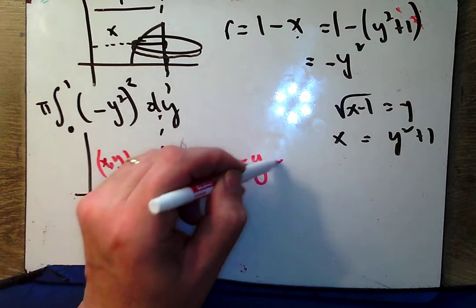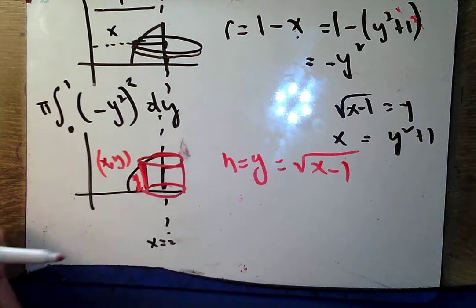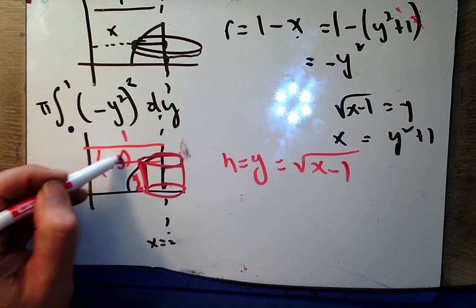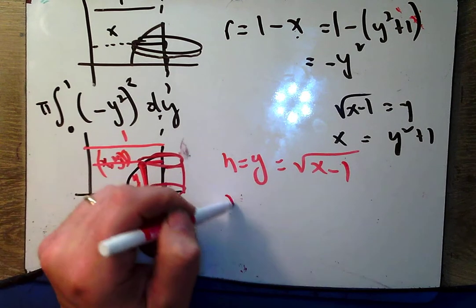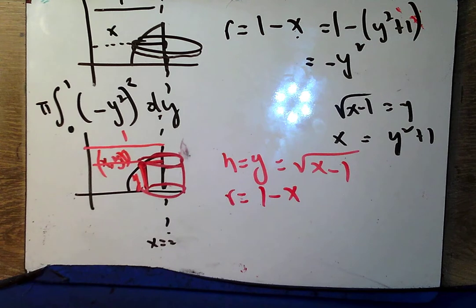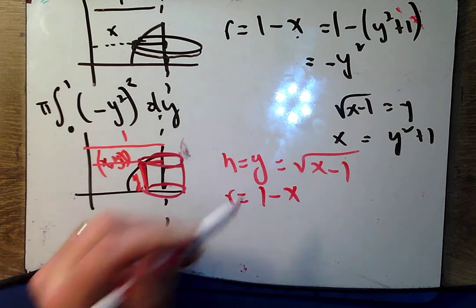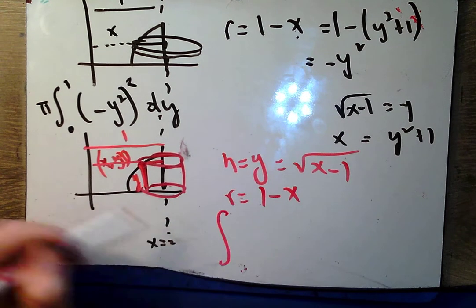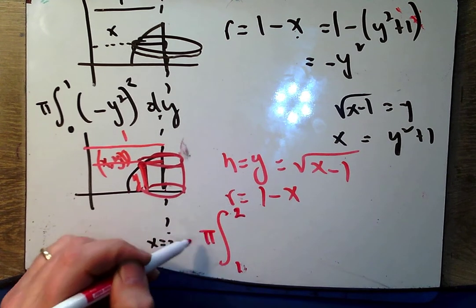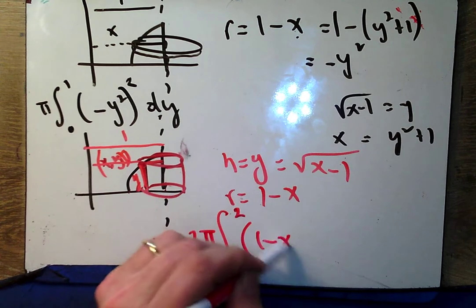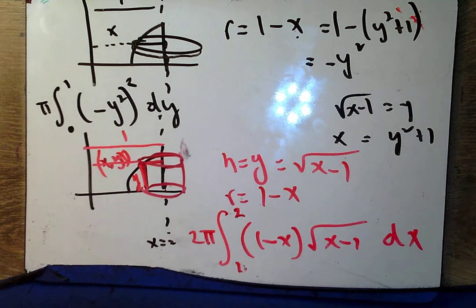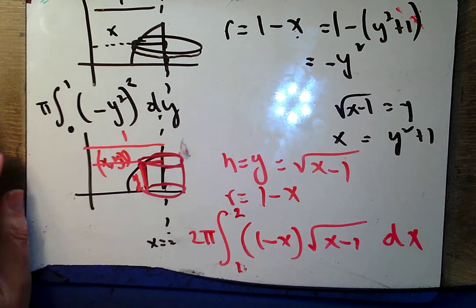H equals y, or square root of x minus 1. And the radius, well, this is 1, this is x, and so the radius is 1 minus x. And this is a dx integral, so we're going from 1 to 2. Don't lose that 2 pi. 1 minus x, square root of x minus 1 dx.